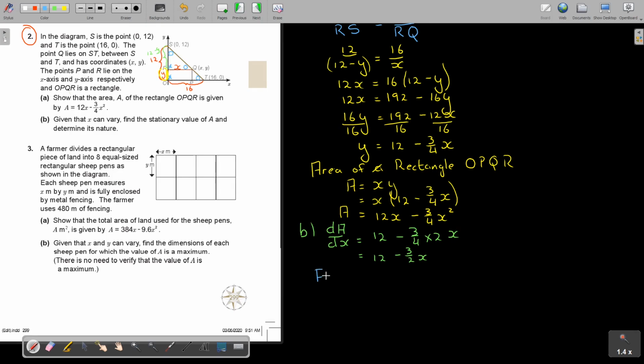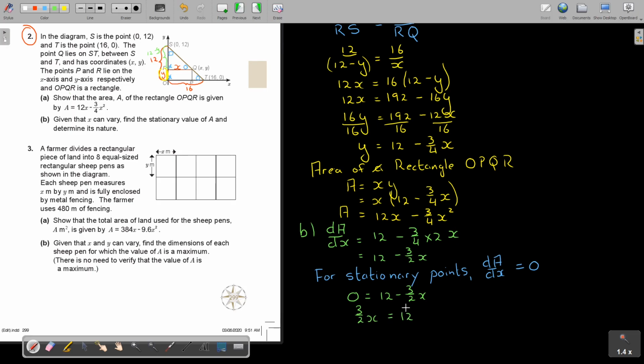Okay. Now, for stationary points, dA over dx is equal to 0. So I'm just going to say there 0 equals 12 minus 3 over 2x. I prefer taking this one over because it's negative.